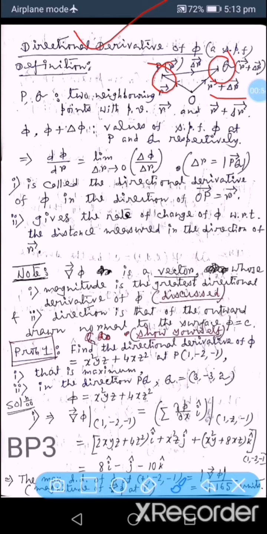And let phi and phi plus delta phi be the values of the scalar point function phi at the points P and Q respectively.